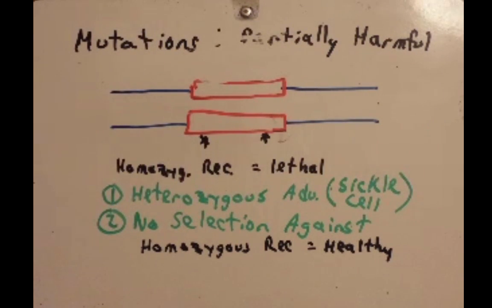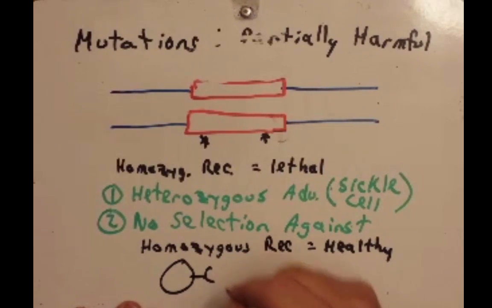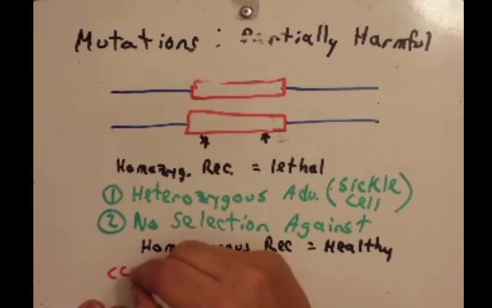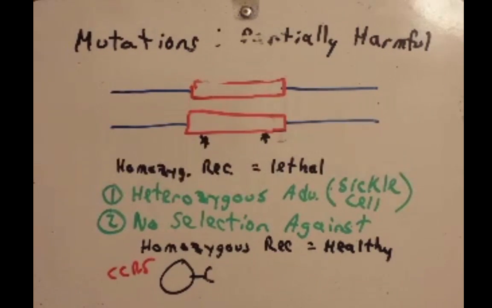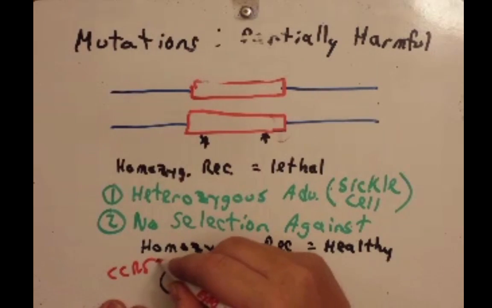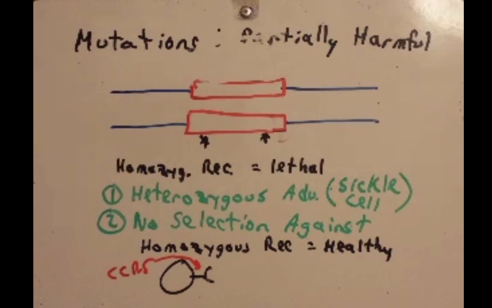And that is, let's draw a cell here with a receptor. And this receptor is coded for by a gene called CCR5. CCR5, this gene here, will recognize other cells and antigens during the immune system response.